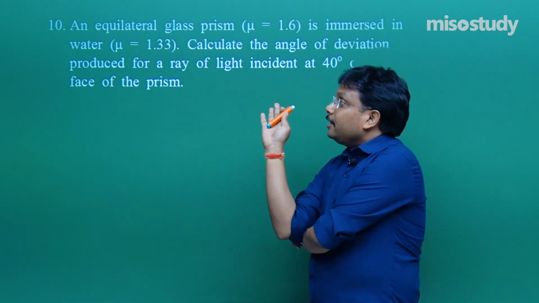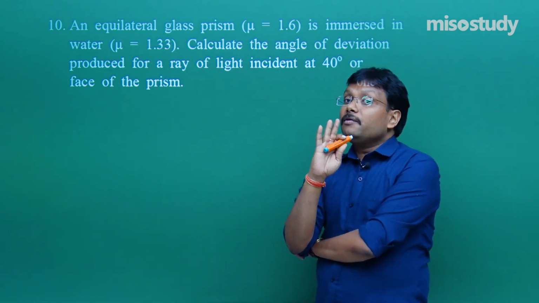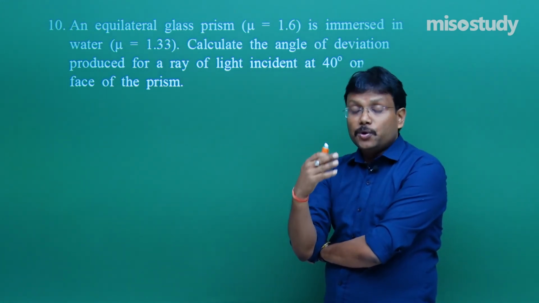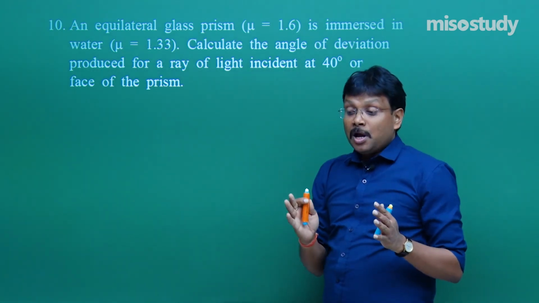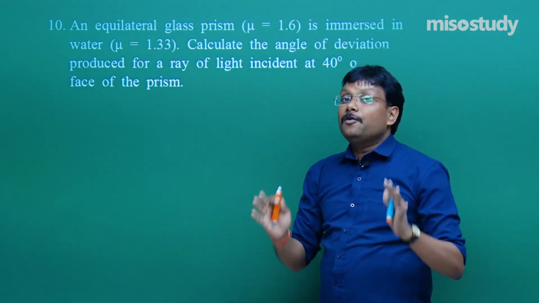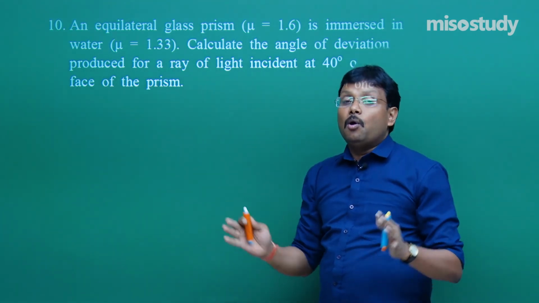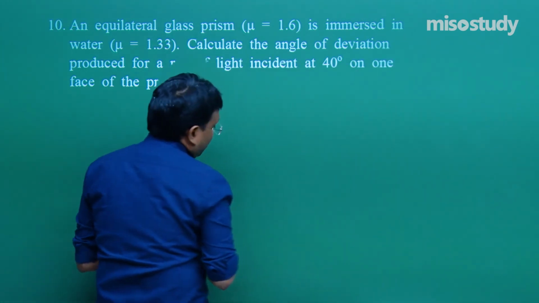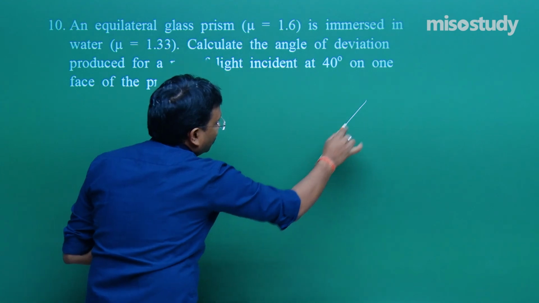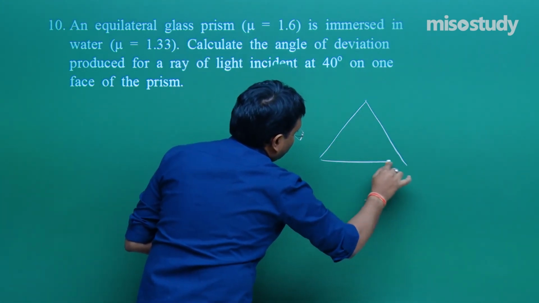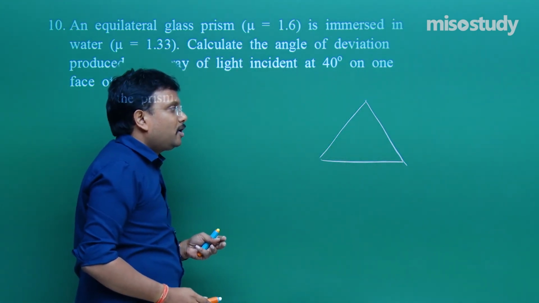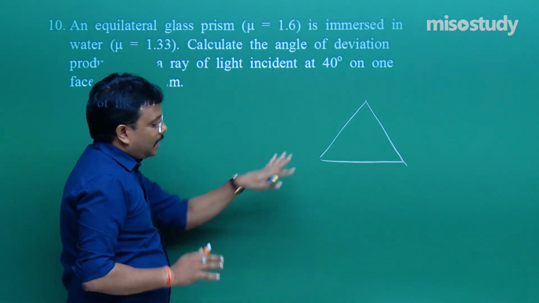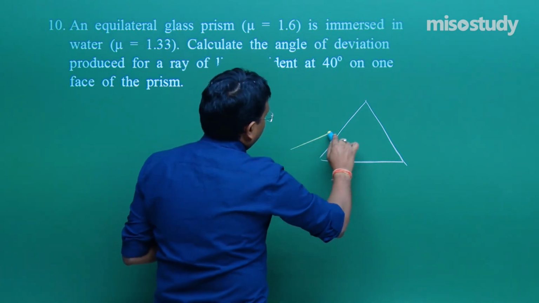Now, this entire question is based upon one video which I created, in which I discussed basic concepts of prism: what is prism, how it works, and all these details. So in this question nothing is difficult. First you have to draw the ray diagram. If you watch that video properly, you can solve this question easily.